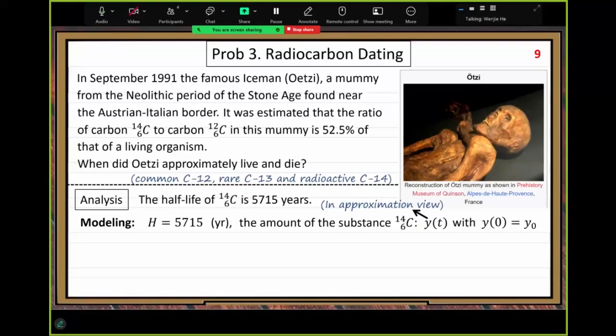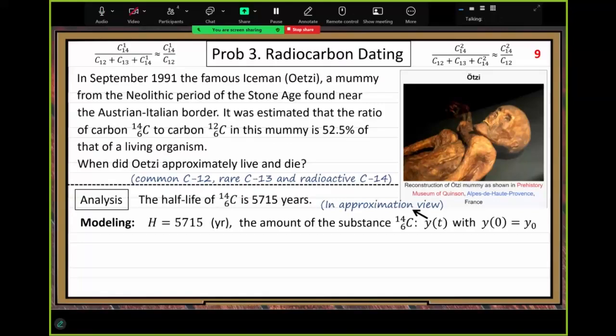It's a small number. So here we use that ratio, to do the estimate.